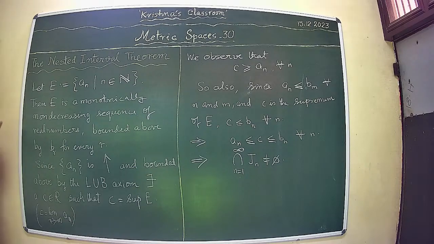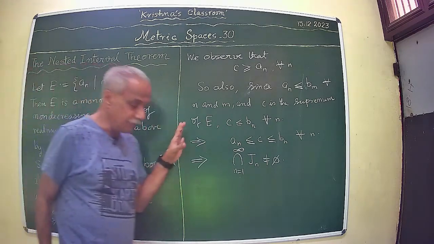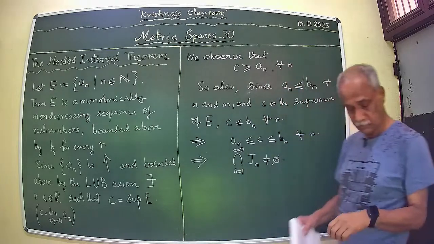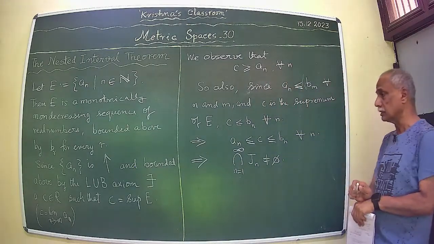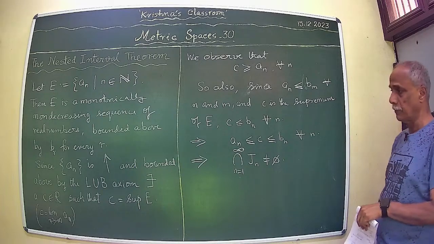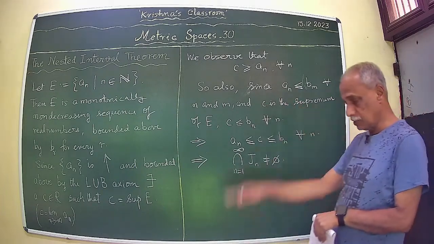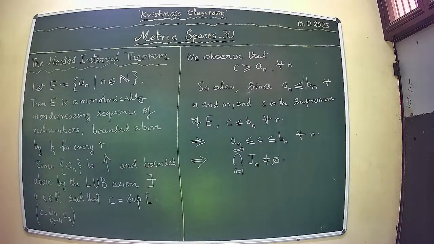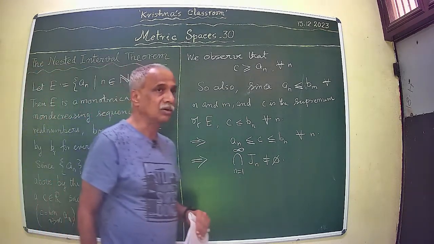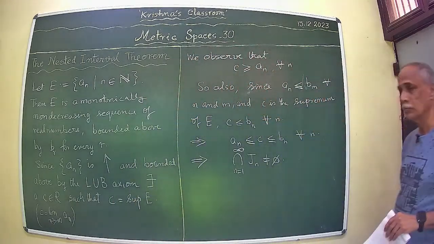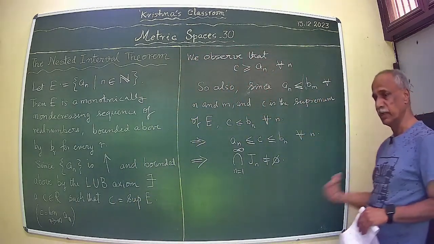Now you observe that it heavily depends on the structure of the real line. As far as our proof was concerned, many properties of the points on the real line were used. The properties related to a monotonically increasing bounded sequence were made use of.